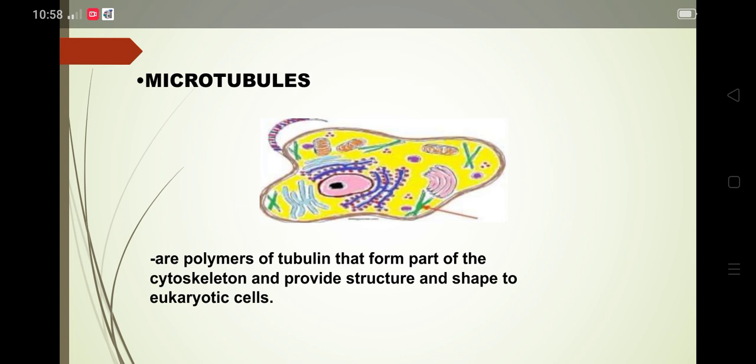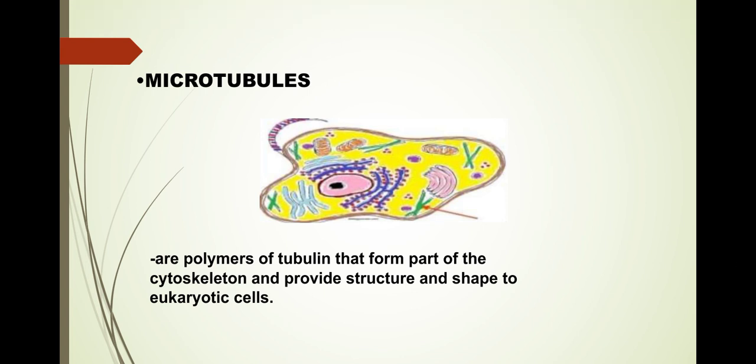Next is microtubules. Microtubules are polymers of tubulin that form part of the cytoskeleton and provide structure and shape to eukaryotic cells. Microtubules are involved in nuclear and cell division, organization of intracellular structure and intracellular transport, as well as ciliary and flagellar motility.